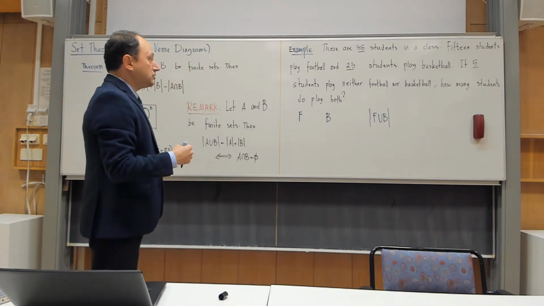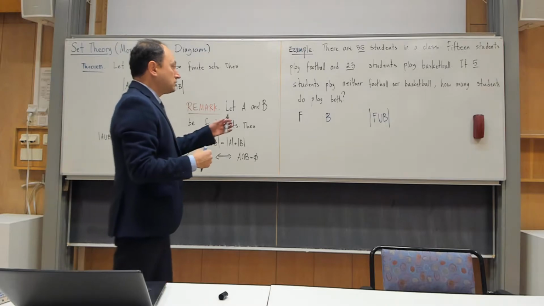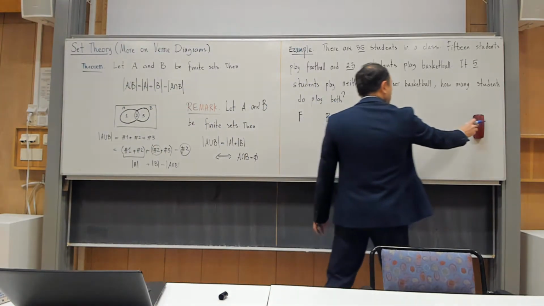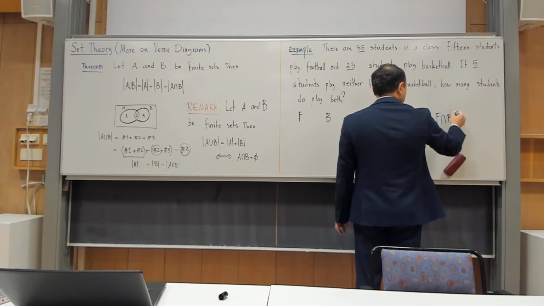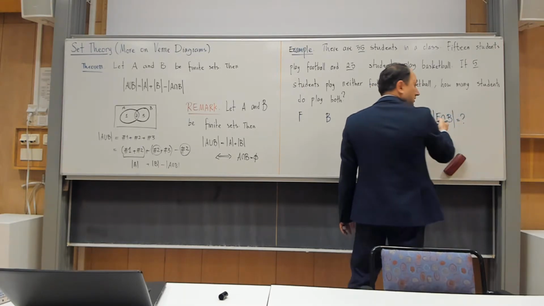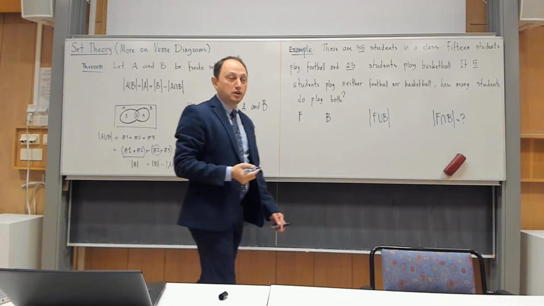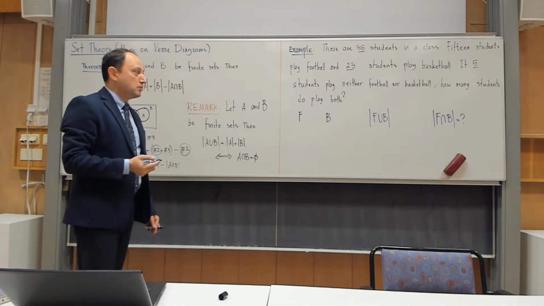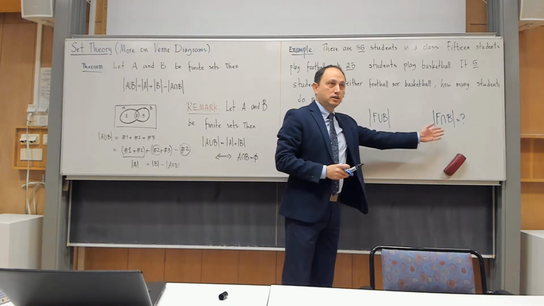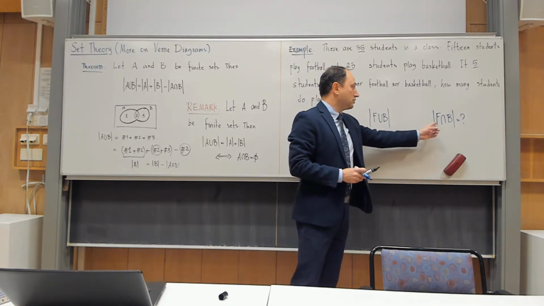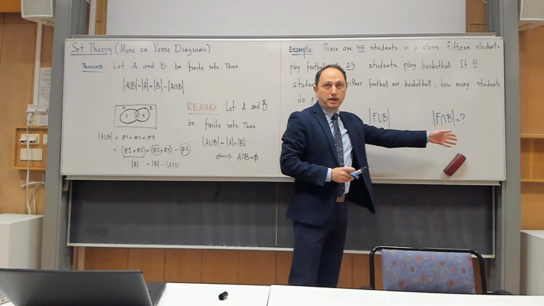Okay, how many students play both? So what is wanted from you? You want to find the cardinality of the intersection. This would be the number of students who are actually playing both of them. Do you understand that this is the meaning of intersection? It means the set of students who play football and play basketball.